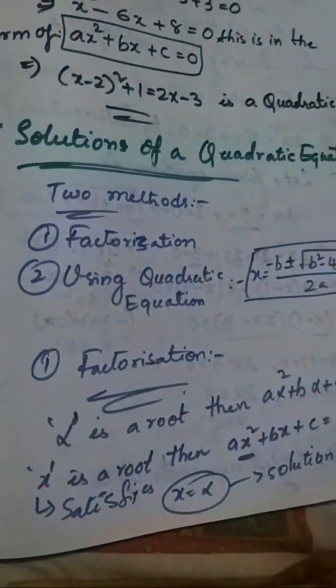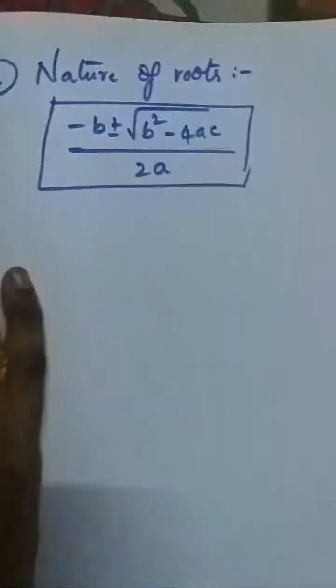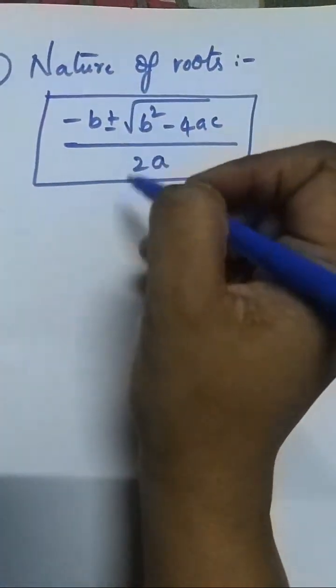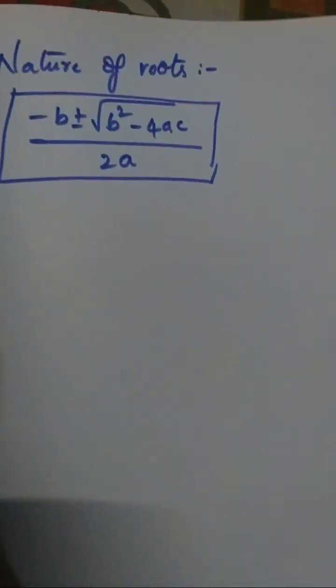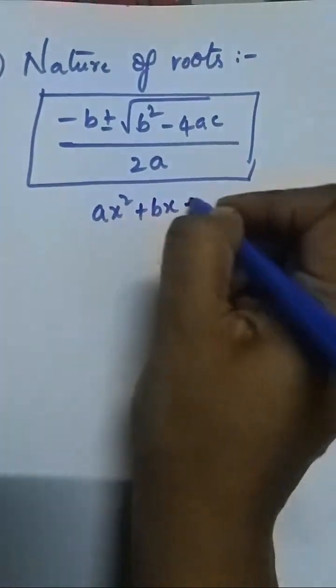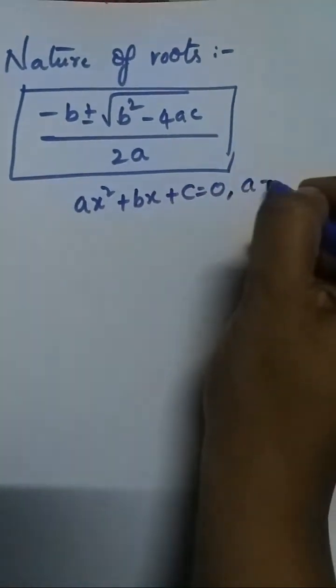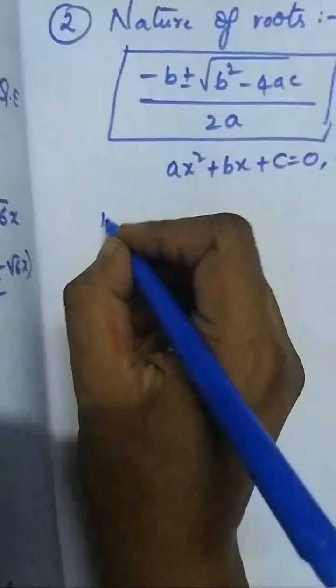Factorization we have solved some problems. The second method is the quadratic formula, where we directly substitute the values by comparing the quadratic equation with ax square plus bx plus c is equal to 0, where a is not equal to 0. This is the formula.